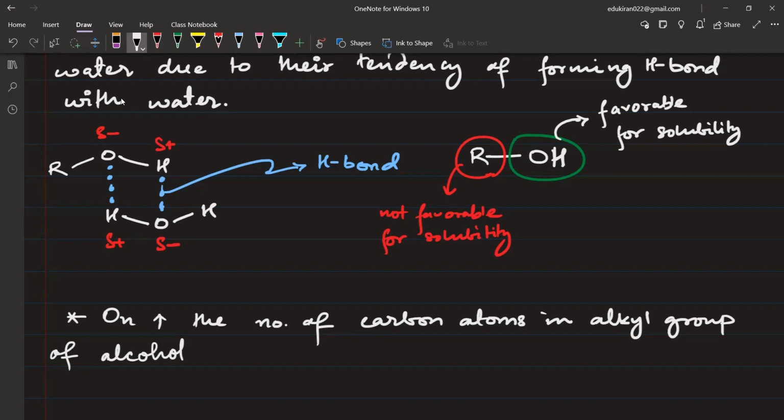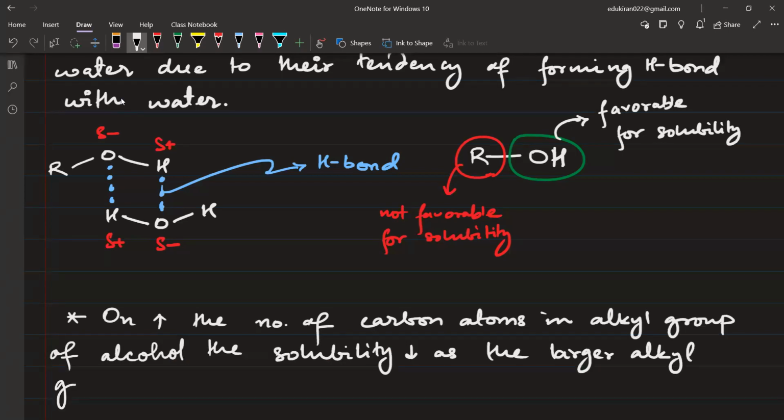On increasing the number of carbon atoms in alkyl groups of alcohol, the solubility decreases as the larger alkyl group prevents the formation of hydrogen bond with water.